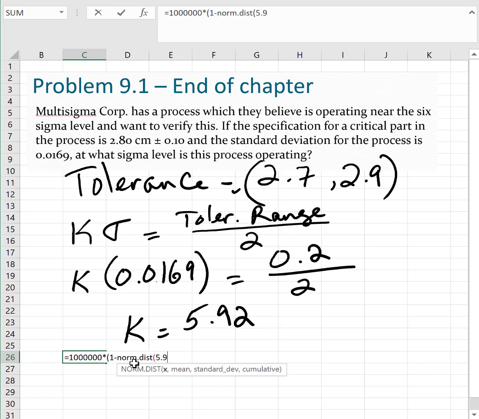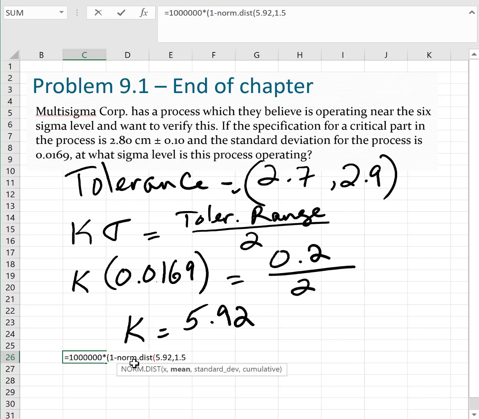So I put 5.92. The mean, remember, given the discussion in the chapter and what I showed in the other video, the mean or center of the process is allowed to deviate or shift by 1.5 sigma levels. So the mean could shift in either direction away from the center, which is 0.